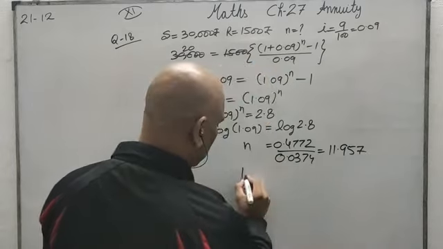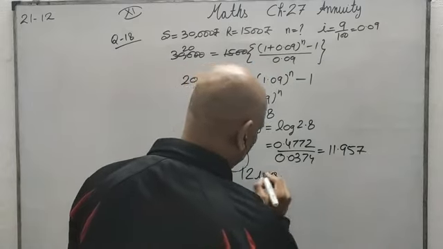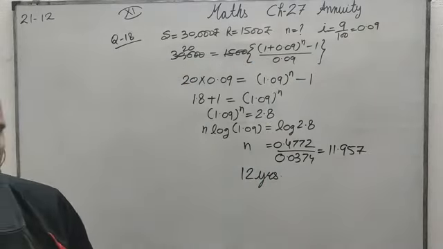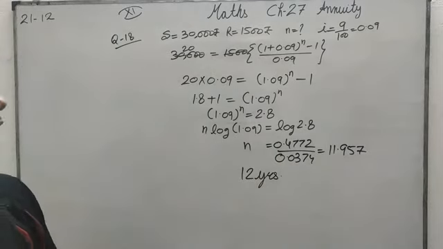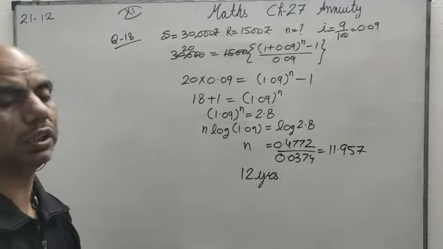So you can say the answer is 12 years. So he should deposit this amount for 12 years so that he will have an amount of more than 30,000.